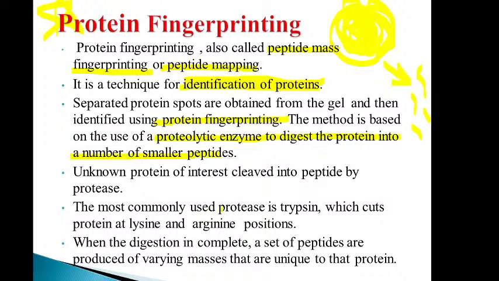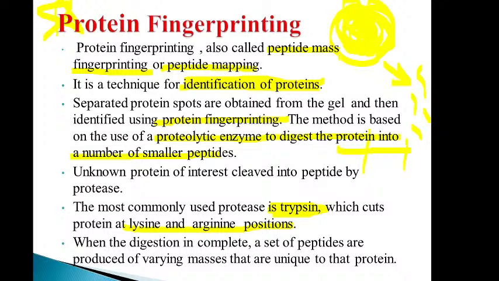The most commonly used protease is trypsin, which cuts the protein at the lysine and arginine positions. So when the digestion is complete, a set of peptides is produced of varying masses that are unique to that protein.